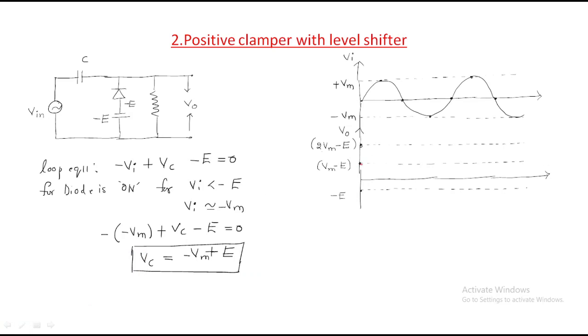It starts from the peak and reaches the low value, then the peak value again, and so on. Directly we can write it like this: in place of Vm, it will become Vm minus E. In place of 0, it will become minus E. In place of 2Vm, it will become 2Vm minus E. So minus E will be shifted because we are putting a minus E here.